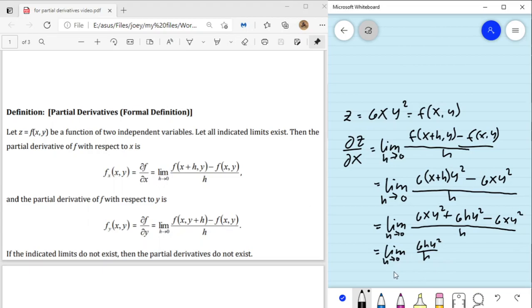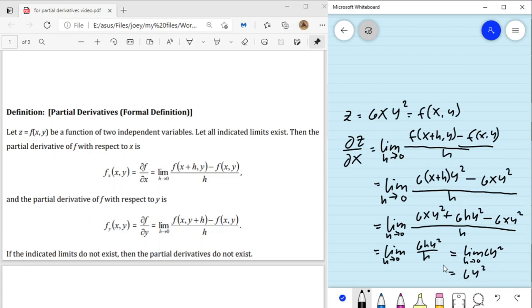But then, since h approaches 0, it is not equal to 0. Meaning, h over h should be equal to 1. Therefore, we shall have the limit of 6y squared as h approaches 0. So, solving this limit, we'll just have 6y squared.